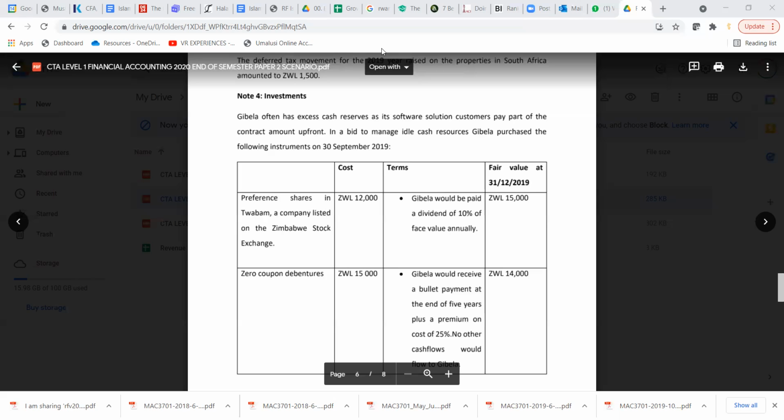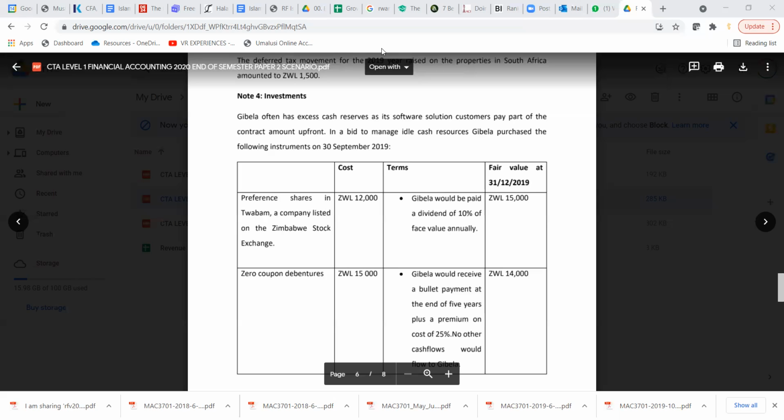Then that means we are left with fair value through OCI and fair value through P&L. Now remember, something can only be fair value through OCI in two instances. Number one, it is an investment in shares, and the company has chosen to measure it at fair value through OCI.